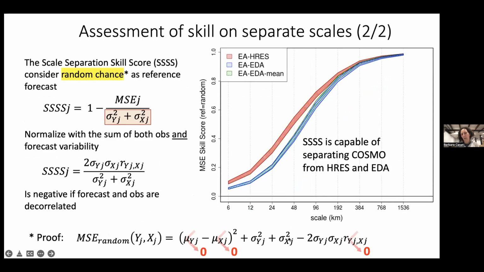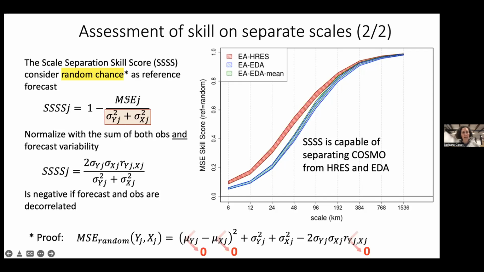This is the relation of the mean squared error with the means, variances and covariance term. But wavelets have zero mean, so this term disappears, and for random chance the correlation is zero, so this term disappears.